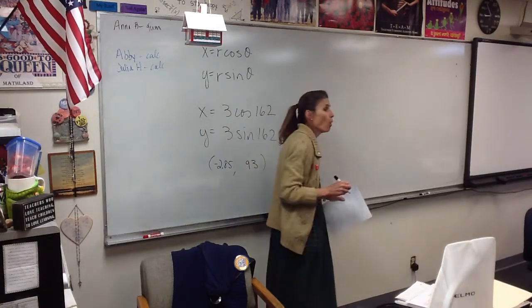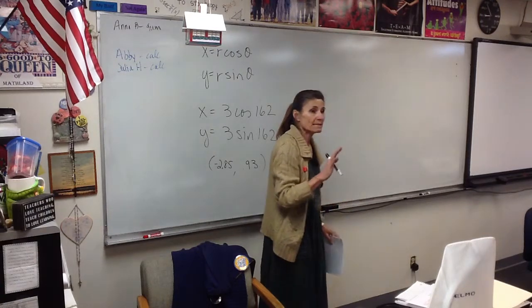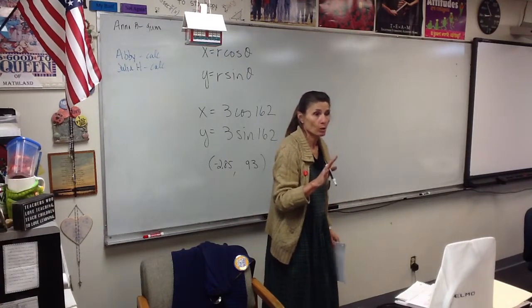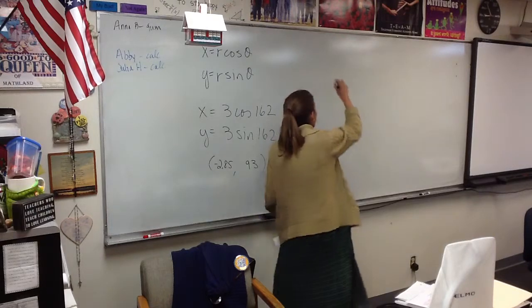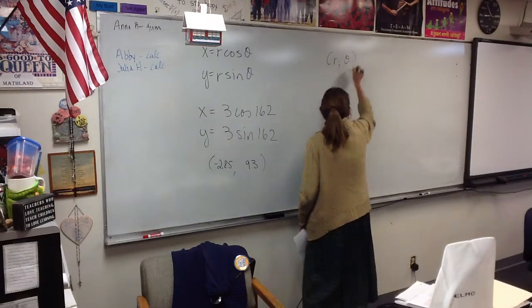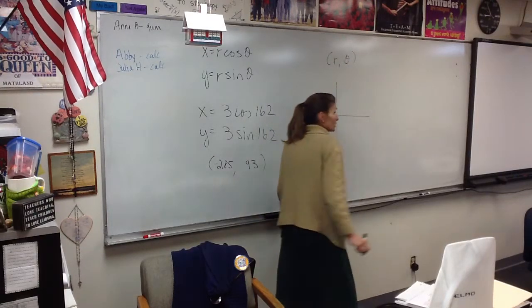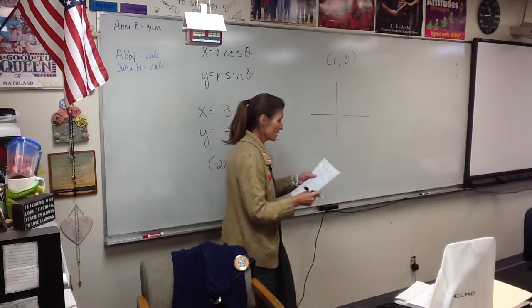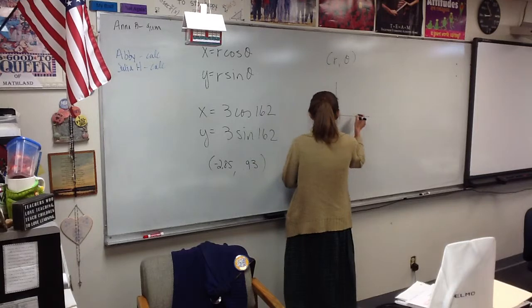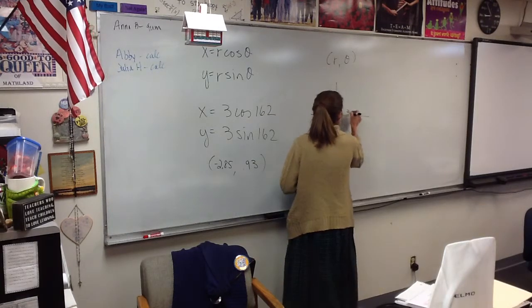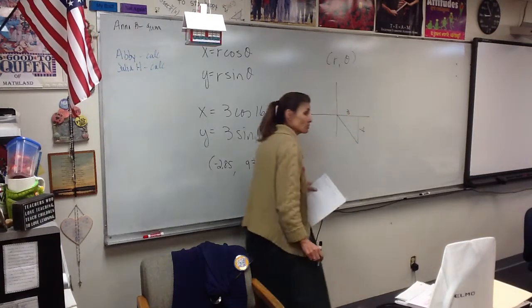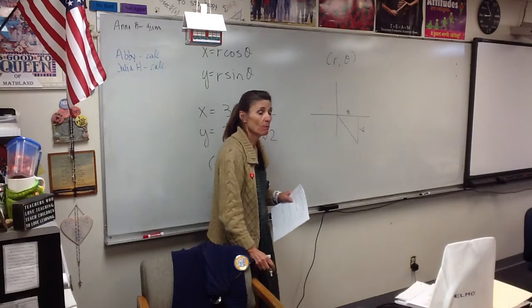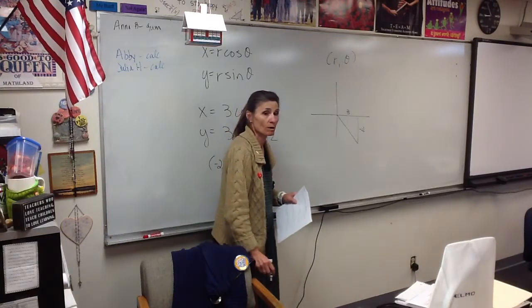Convert to polar. Now, what does that mean I'm looking for? Polar. I'm looking for R and theta. So what we do when we're looking for R and theta is we draw ourselves a picture. So we go right 3 and down 4. The point is 3 comma negative 4.